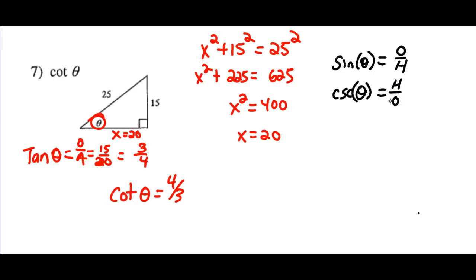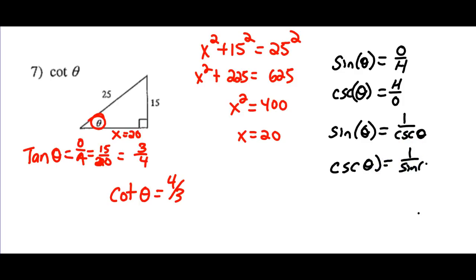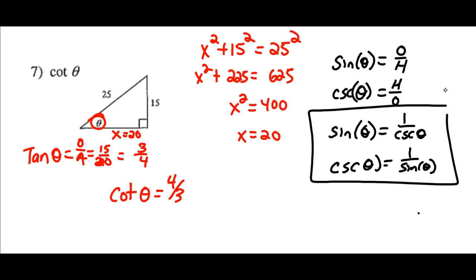But you don't always have to write it out like that or think of it like that. We could write an equation relating the two. The sine of theta is equal to 1 over the cosecant of theta. Likewise, we can say that the cosecant of theta is equal to 1 over the sine of theta. And so we can rewrite it like that as well.